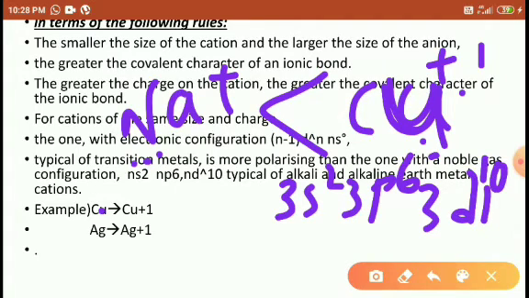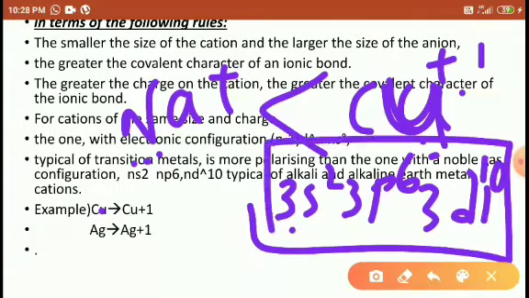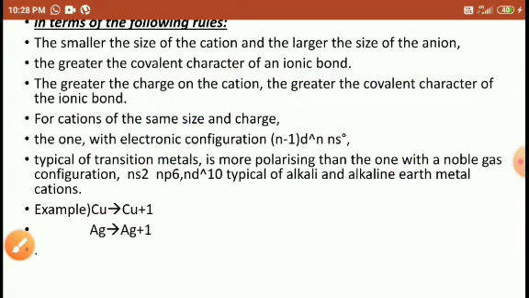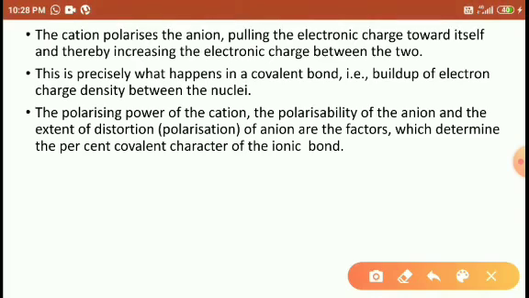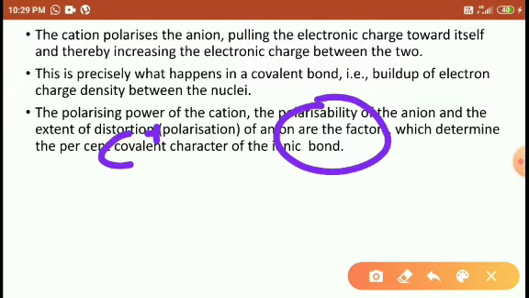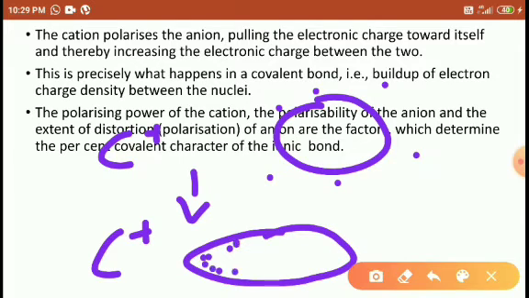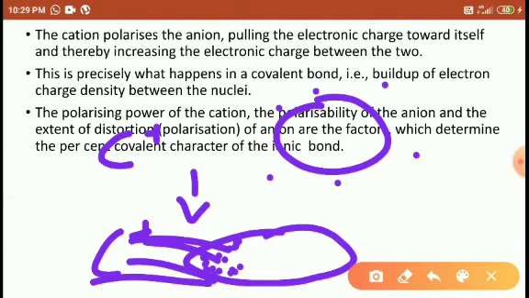So it has that type of electronic configuration; the ions which attain the noble gas type configuration show high polarizing power, right? A cation polarizes an anion by pulling the electronic charge toward itself. So cations easily pull the electrons. Electrons are polarized at one end, so they are attracted to the cations. Right, students?